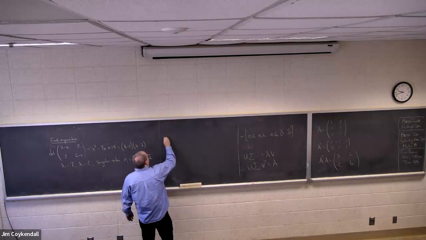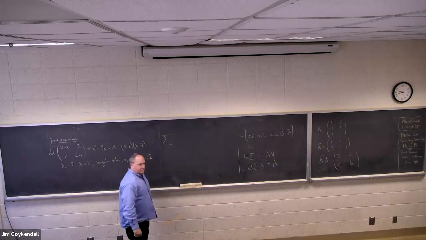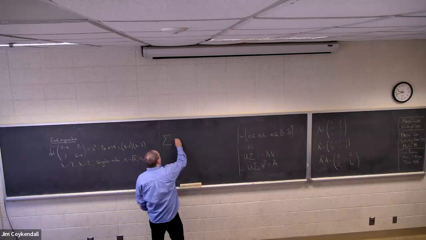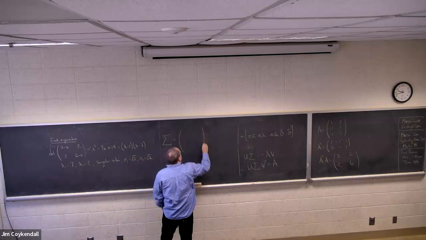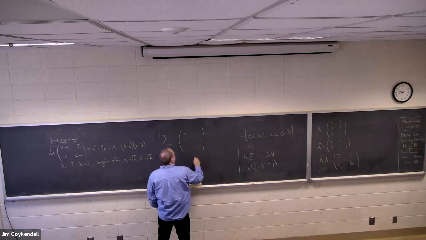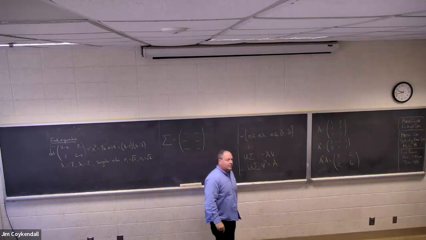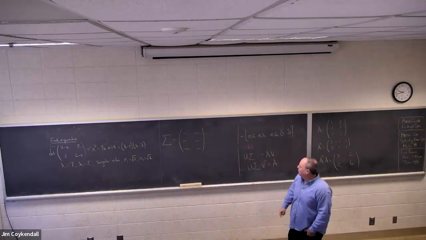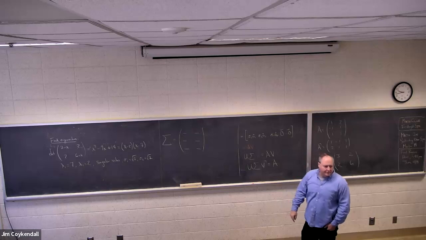So I can already build my sigma. And I can already build my V too. But let's start with the sigma. I don't know much, but it's got to be 3 by 2, because it's got to match the size of the original matrix A. So what are my entries?